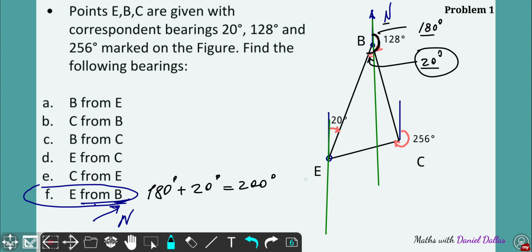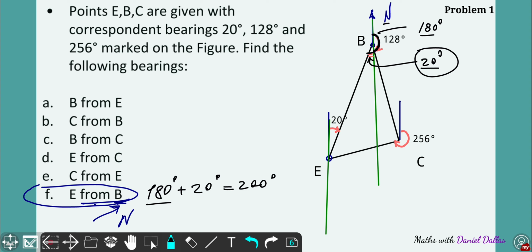So actually this problem shows you how to apply bearings in different ways. Like, if you have the starting point, you move into the final point. So if you're already given that bearing, just use that. If you're not given it, in most cases we add 180 degrees to your initial bearing.